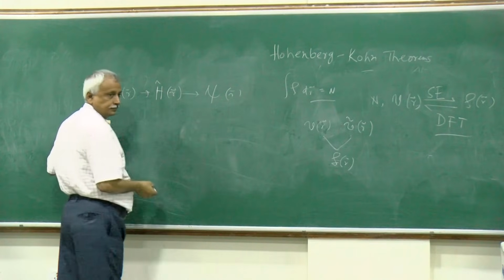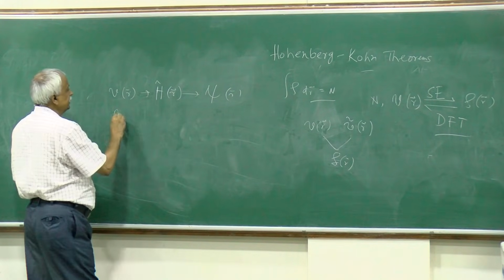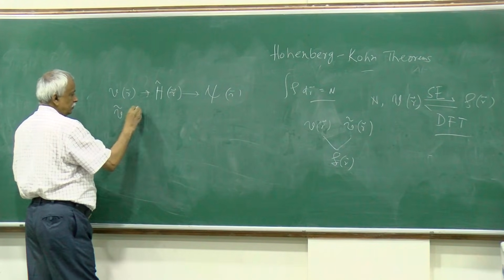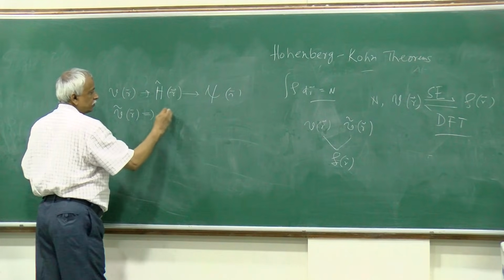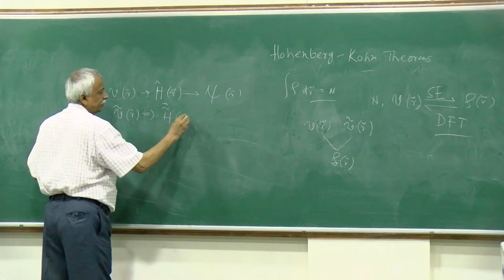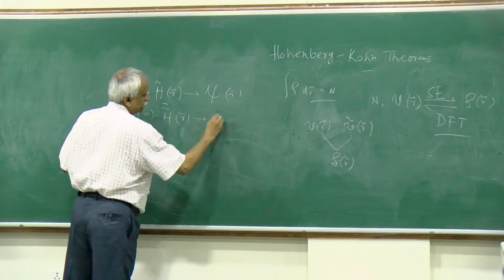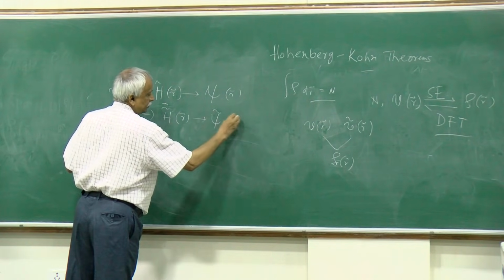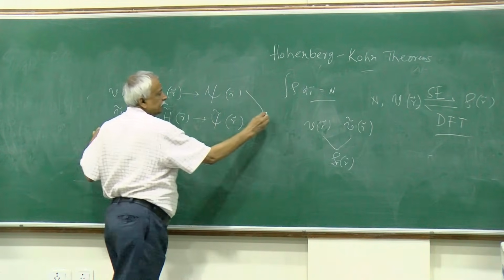And V tilde corresponds to Hamiltonian H tilde, and that corresponds to psi tilde. But both of them will give you the same density.